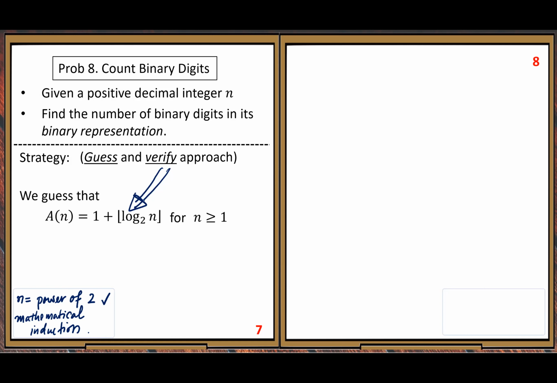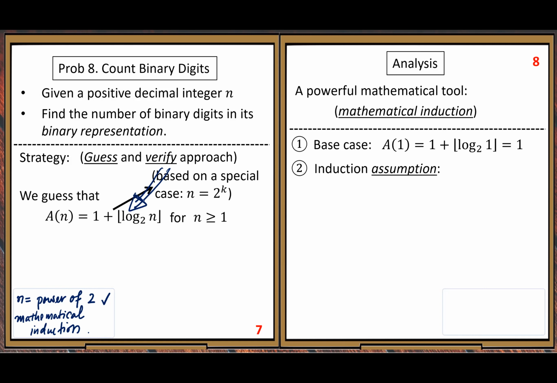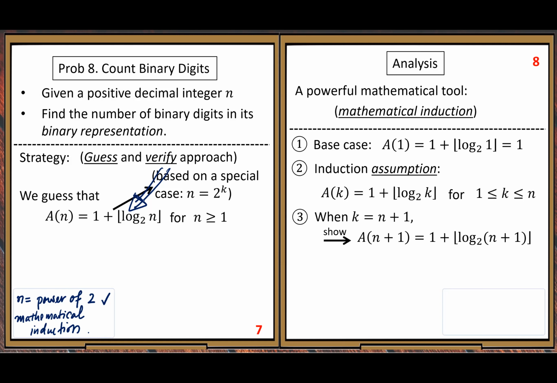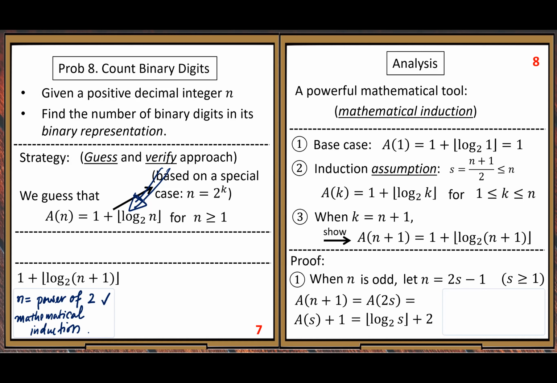How to verify, mathematical induction? But today I may like to skip this part. So that's the detailed work. Yeah, so that's the details here.